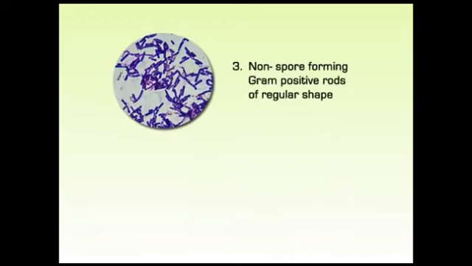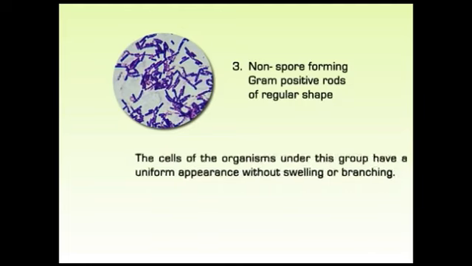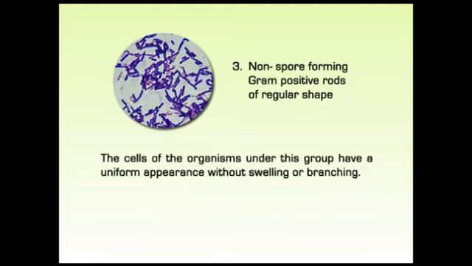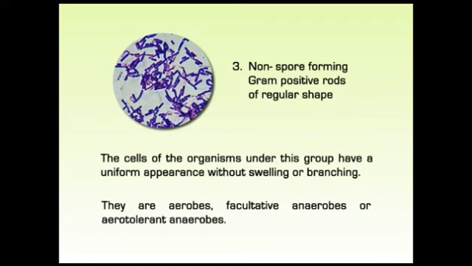The third one is non-spore-forming gram-positive rods of regular shape. The cells of the organisms in this group have a uniform appearance without swelling or branching. They are aerobes, facultative anaerobes, or aerotolerant anaerobes.